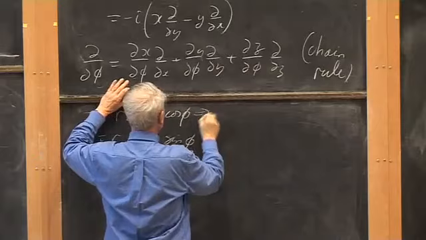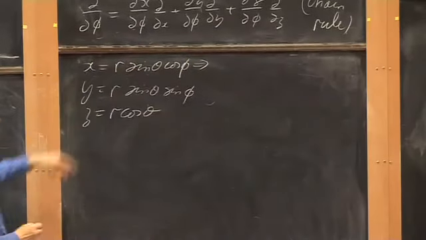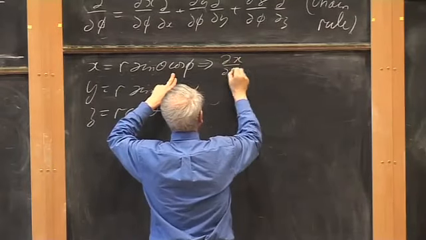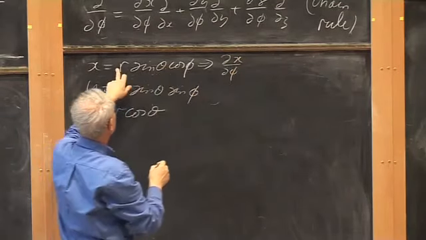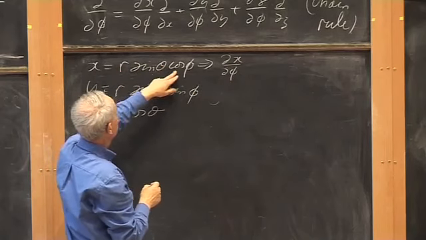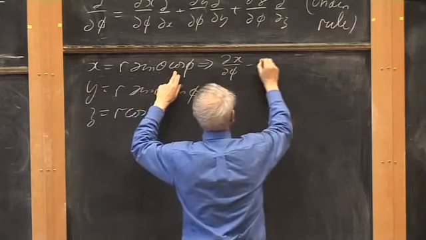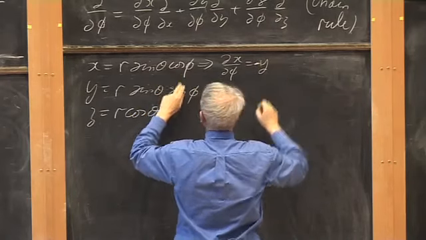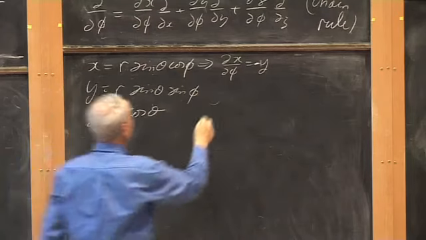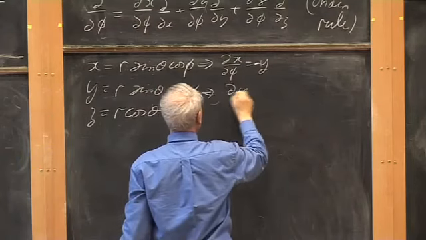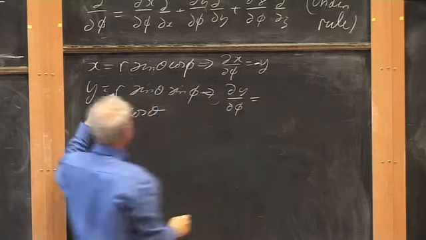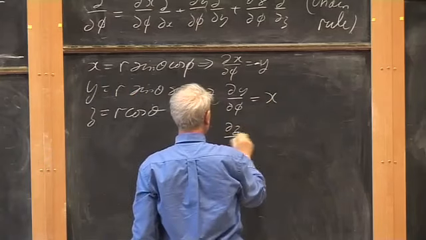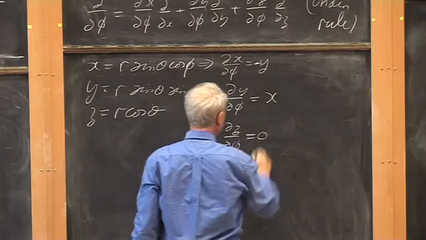So take a derivative of this with respect to phi. We have that dx by d phi is going to be minus r sine theta sine phi, which is simply minus y. Similarly dy by d phi becomes a cosine, and therefore this becomes x. And dz by d phi is nothing at all.